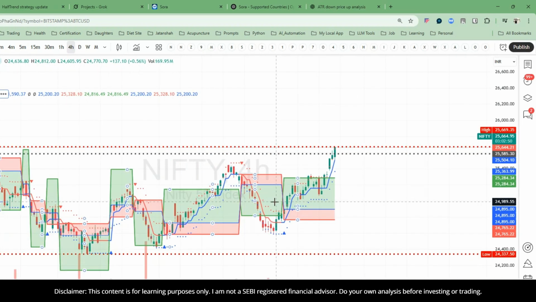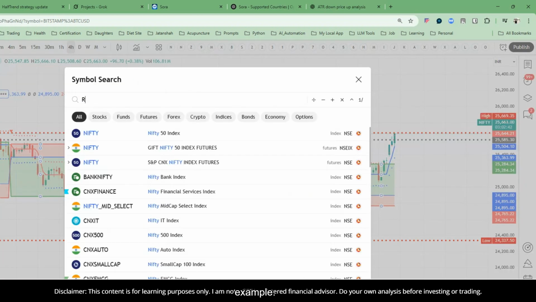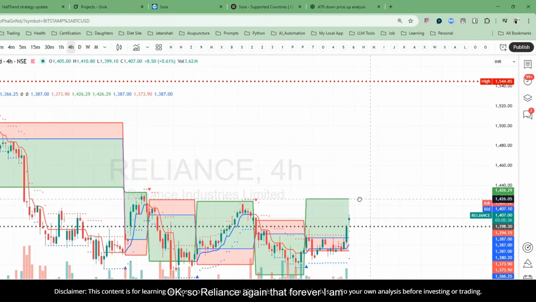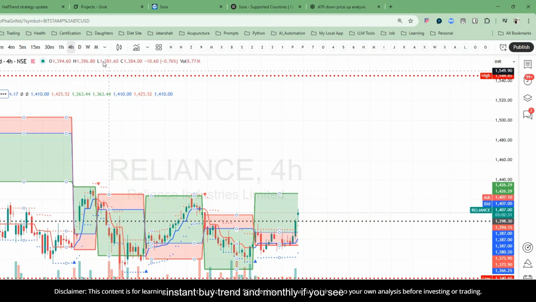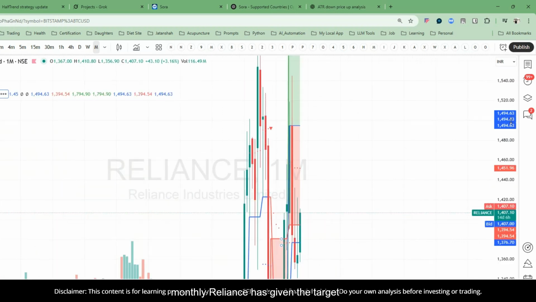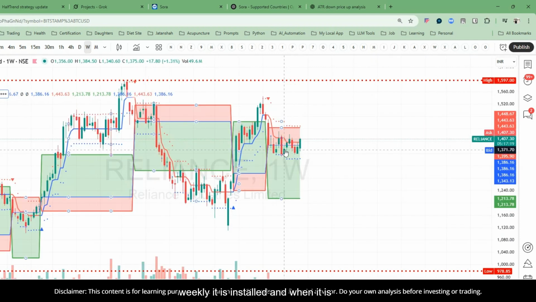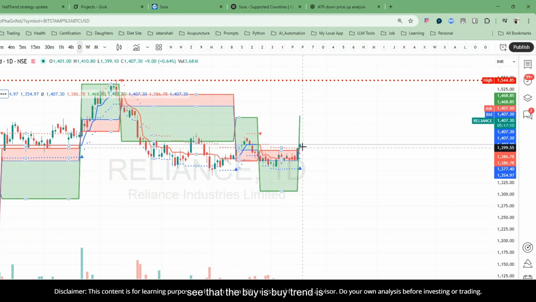When you are going to buy any stocks, for example, I'm taking Reliance as an example. Reliance again, that 4 hour I'm showing. Currently Reliance is in a buy trend, and monthly, Reliance has given the target around 1,787, and weekly it is in a buy trend, and daily we can already see that the buy trend is creating.